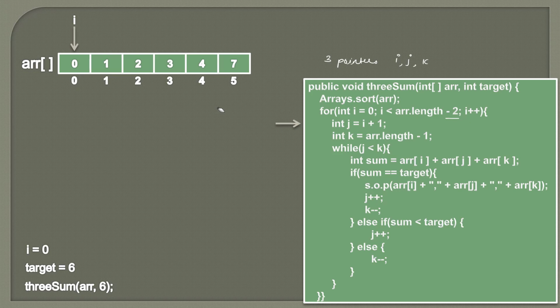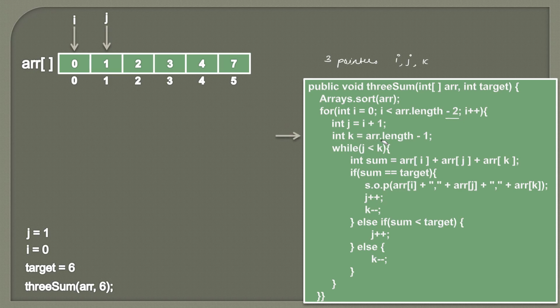Now as we need to find 3 numbers which are distinct, the j pointer will start from i plus 1. Whenever this for loop starts with any value of i, j will start from a value just ahead of it. So the value of j will start from 1. And we will take the k pointer.